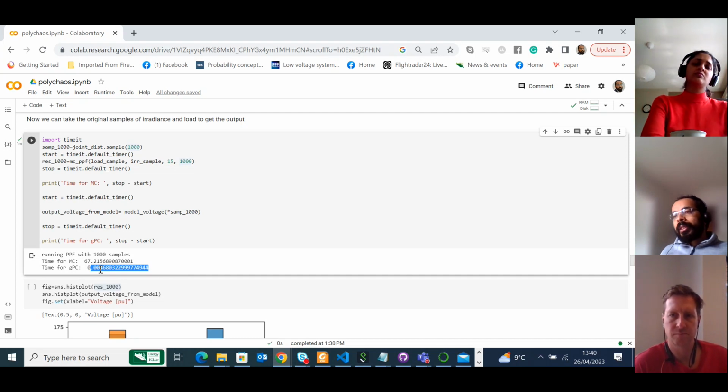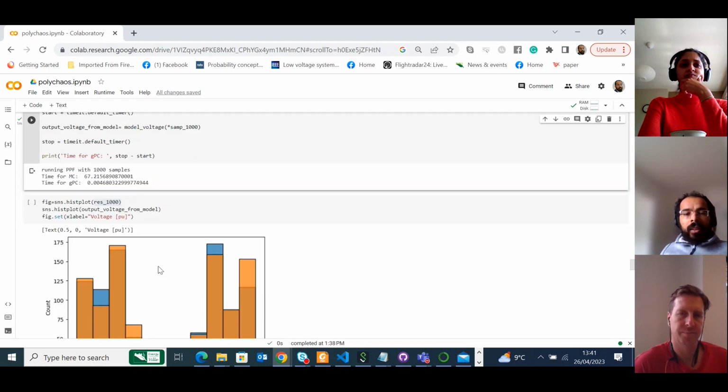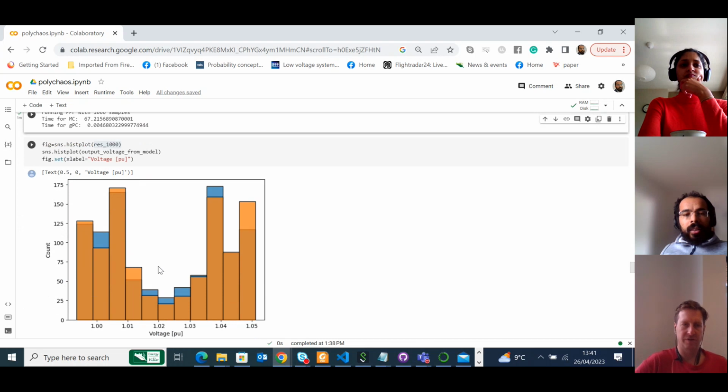So for a 30 bus system with 10 sources of uncertainty, it is still scalable. But if you go for a bigger system or more than 10 uncertainties, then it still requires some effort. Okay, so there's sort of a window of applicability.